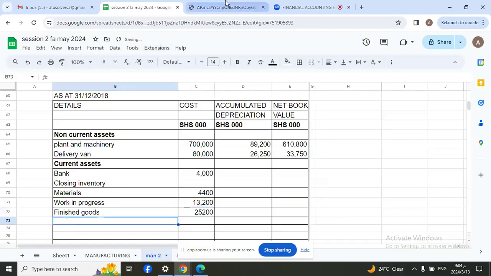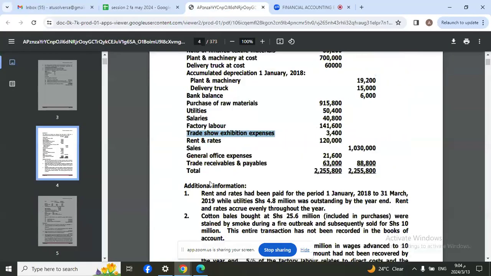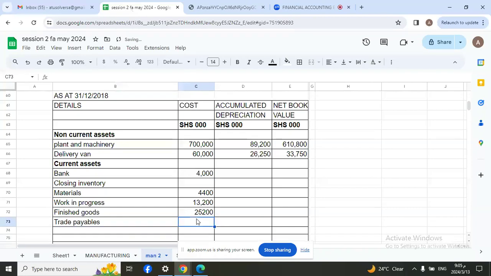What else do we have? Check your question. After closing inventories, we have here trade payables of 63,000. So under workings, we write our trade payables of how much? 63,000. What else do we have? We had prepaid rent.